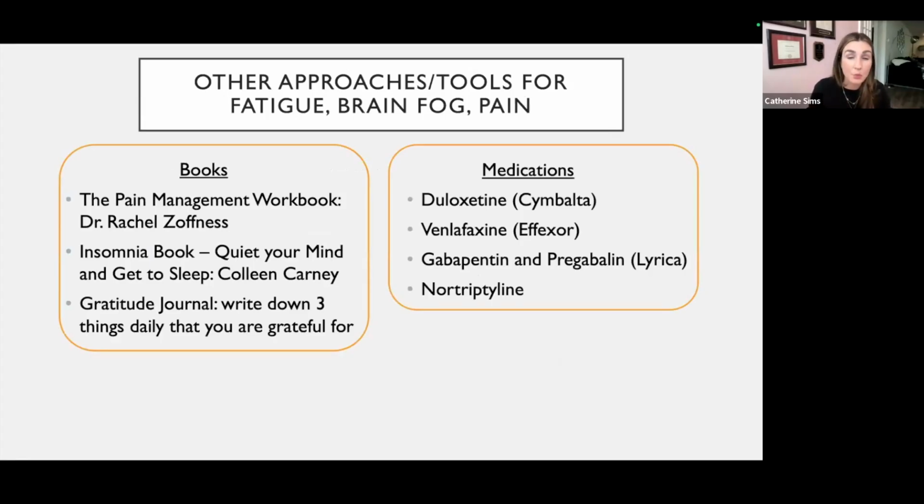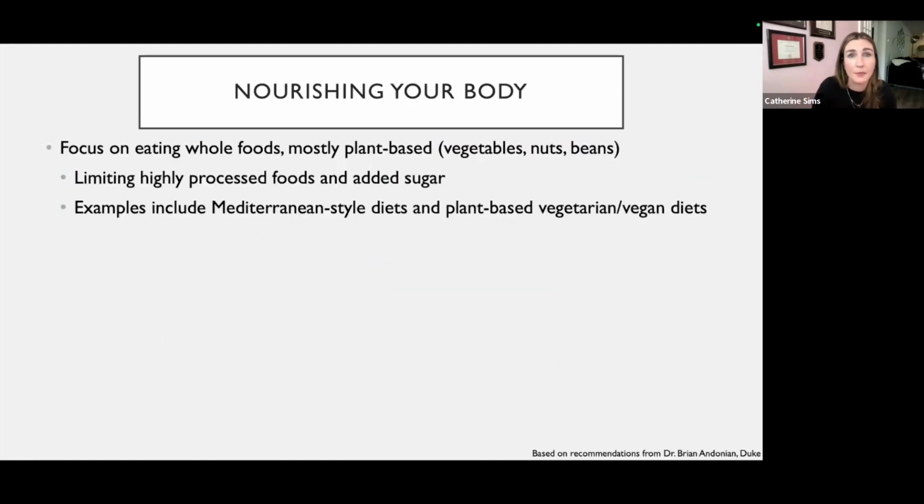So sometimes reading a book about what I'm experiencing mentally helps me to break it down and understand why I'm having the thought pattern that I am and how to address that. And then other patients may require medications. So doing medications with all of these other apps and exercises is a great combination to get a lot of relief from brain fog, fatigue, and pain.